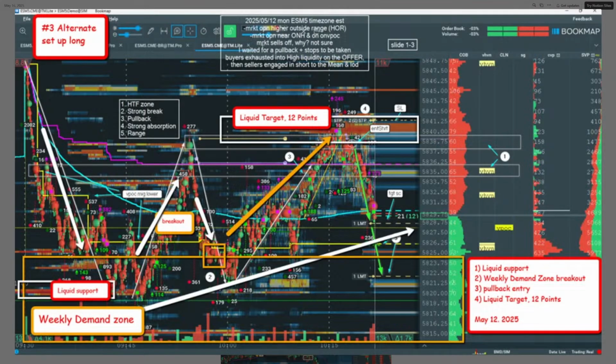It was really perfect, and then it retested that demand zone, and then it just took off right into your liquid target of 12 points. So this was another opportunity for a long. I don't know if you had noticed this prior to your short, and maybe you can just add on to whatever you would like, comment about this if you don't mind.